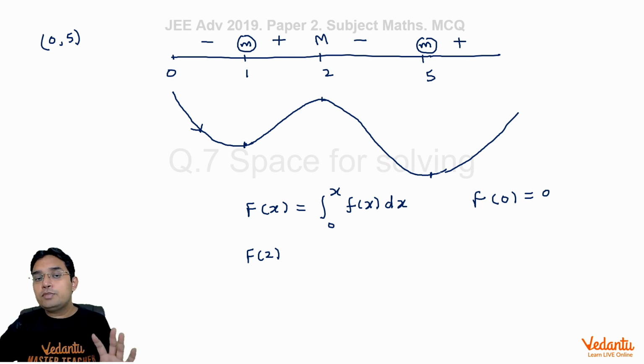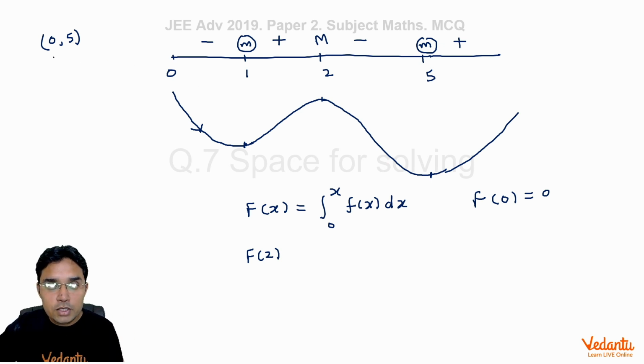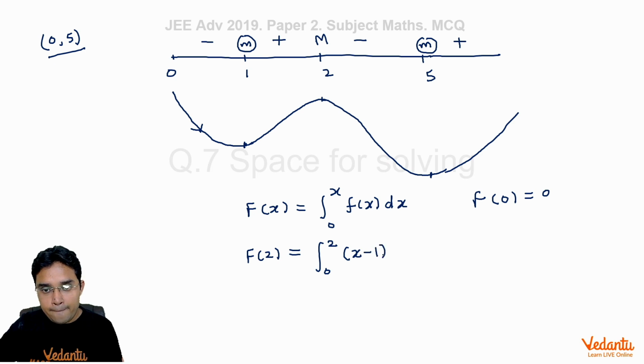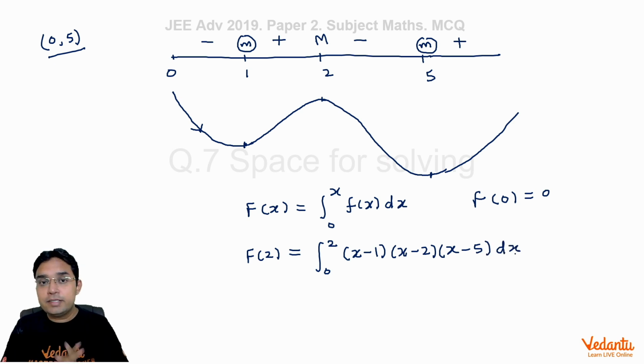So it will not become 0 at any value of x from 0 to 5. So to find F(2), let us find this integral from 0 to 2 of f(x), which was (x minus 1)(x minus 2) and (x minus 5). Okay, we cannot comment without actually solving this integral.